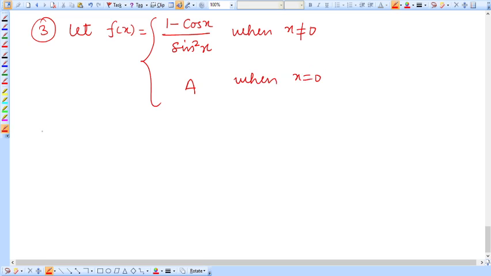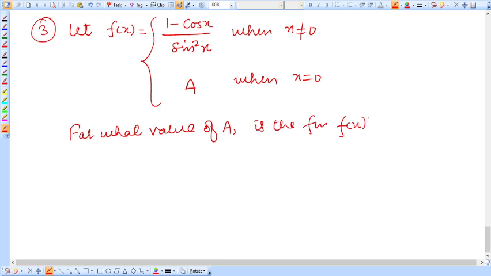So what is the problem here, what are you going to do in this problem? You have to find out the value of a, for what value of a is the function f of x continuous at x is equal to 0.